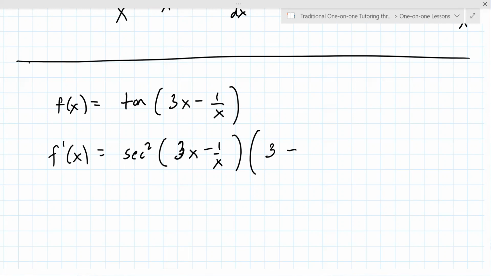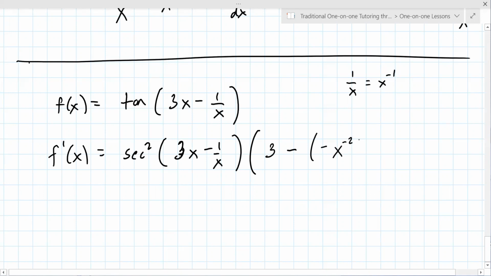Oh, we just did this one on the previous problem, right? 1 over x is x to the minus 1, so it's negative 1 over x squared. Great.